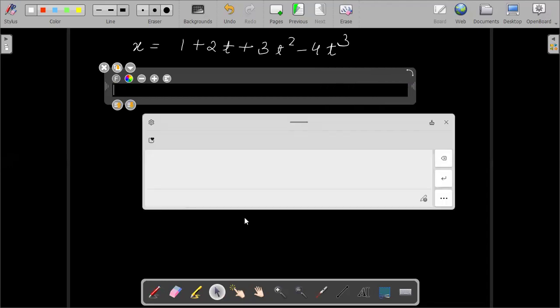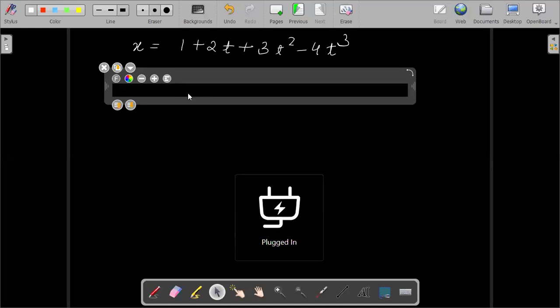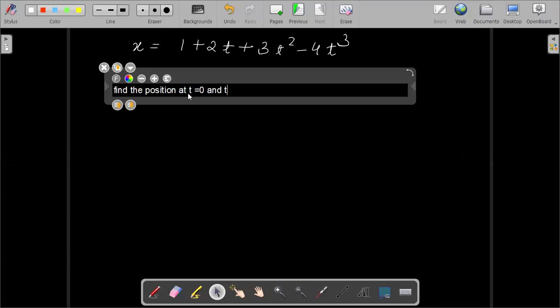So you need to find the position at t equals 0 seconds and t equals 4 seconds.